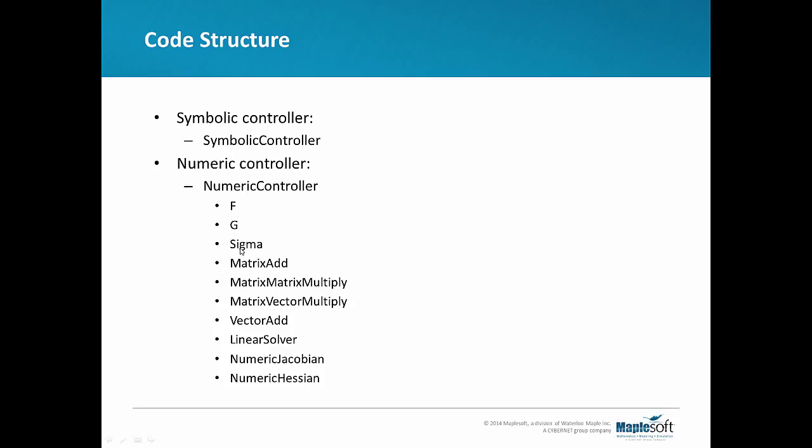I was fortunate enough to be able to automatically generate those, but that's not always the case depending on your situation. And then a whole slew of other functions that were also needed to support the controller. So it just gets more difficult to manage in the life cycle of a project like that.